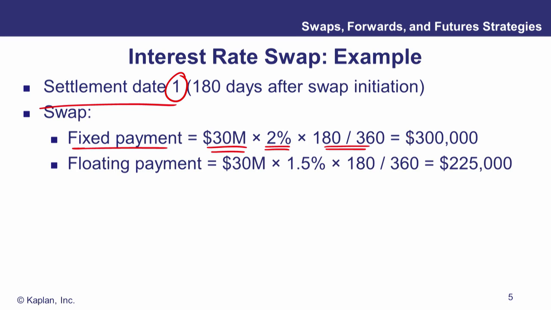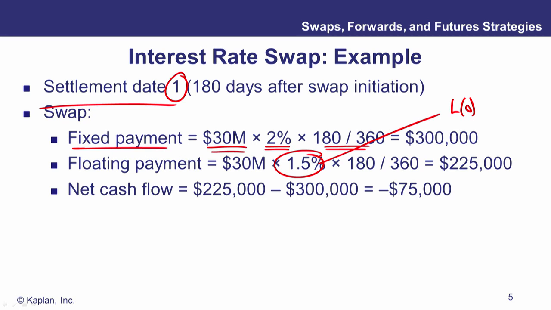That's going out. The floating payment coming back in is L0, LIBOR at the start of the period, 1.5%, multiply that by the notional principal and de-annualize, that's 225. So the net cash flow under the swap is 300 out, 225 back in, that's 75,000 out. That's the net cash flow under the swap.